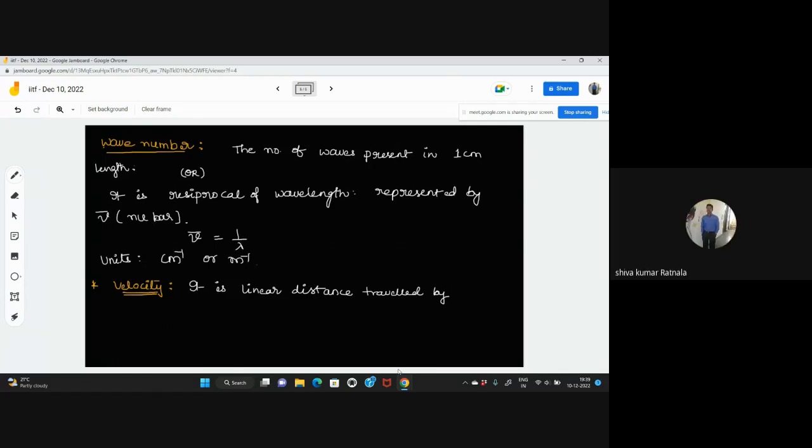So velocity means what? It is linear distance traveled by wave per second.